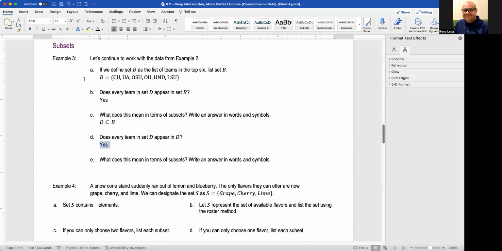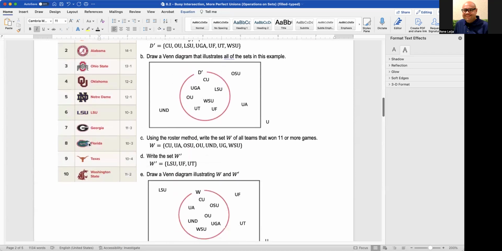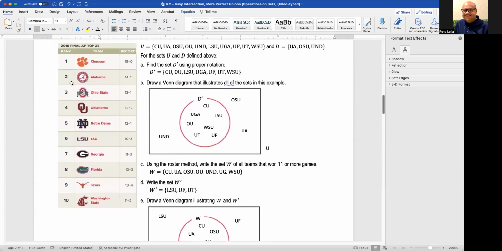But what it's getting at is an important concept that you need to realize: when we talk about subsets, every set is a subset of itself. So when we look at all of these teams, these 10 teams that we have, I can list the set U and say that U is a subset of itself.